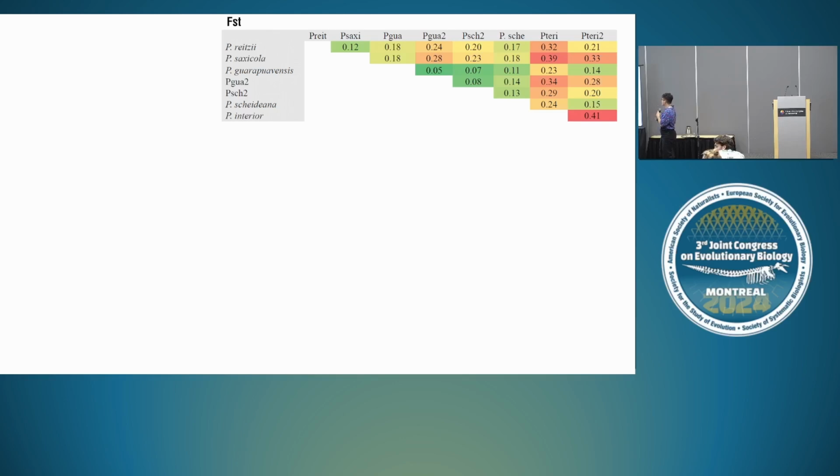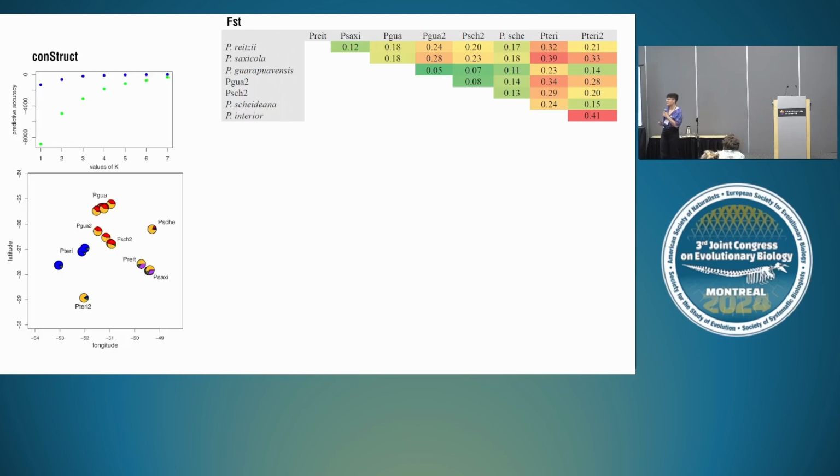First, from now on, I will say lineages, because I think it's the best way to describe them. There are some lineages that are very structured. You can see by the reddest colors. And we saw that the geography of these populations, or the lineages, was very important for their structuration.